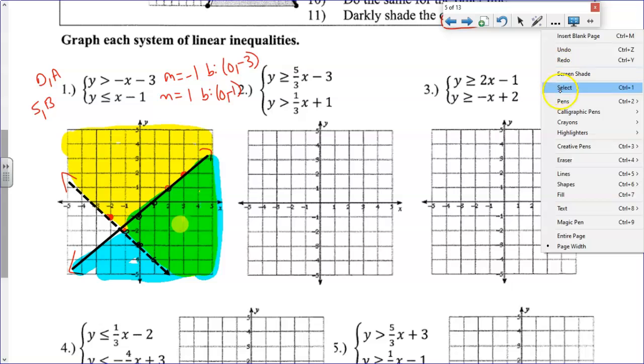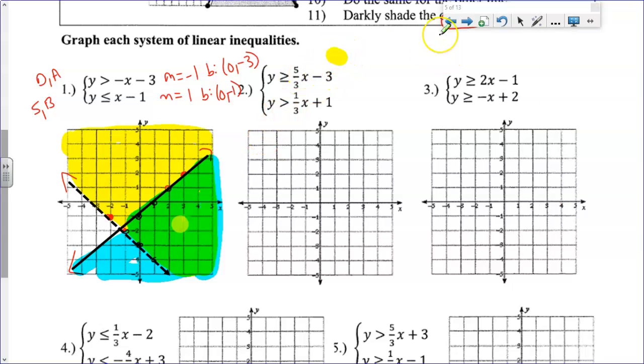Okay, so let's move on to the next one, and let's look at this one. Here our slope is 5/3. Our b is (0, -3), so (0, -3) is our starting point, and then up 1, 2, 3, 4, 5 and over 1, 2, 3.